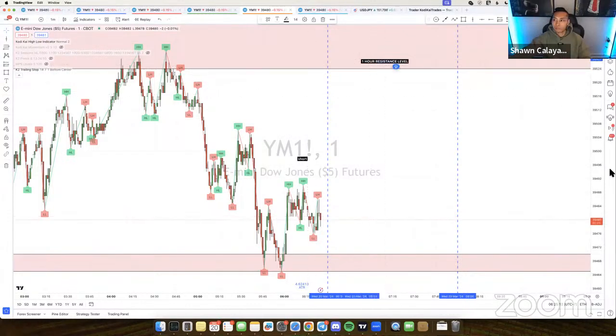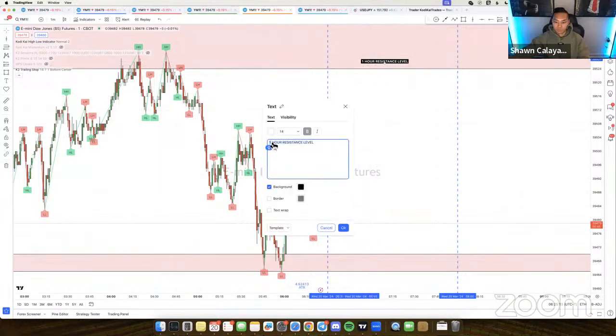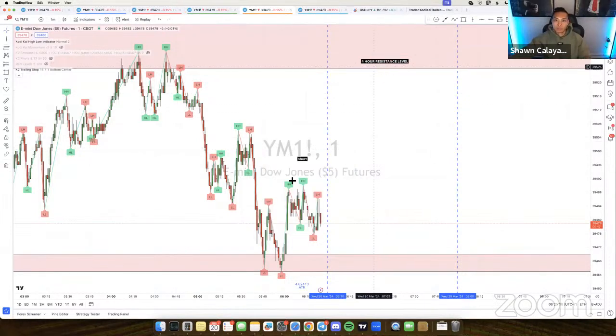So this is the 4-hour resistance level. And this is the 1-hour support.